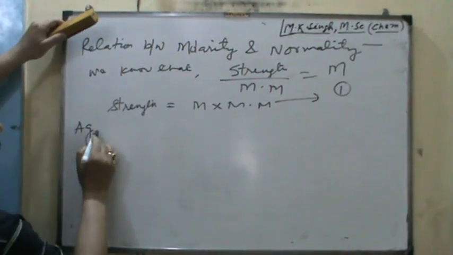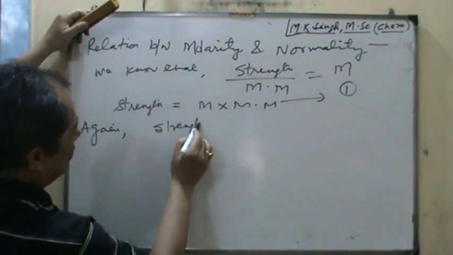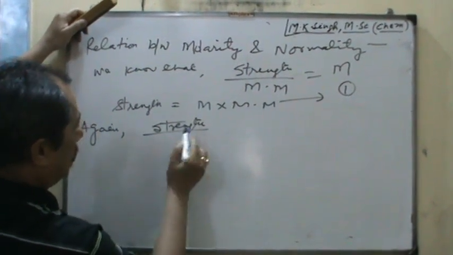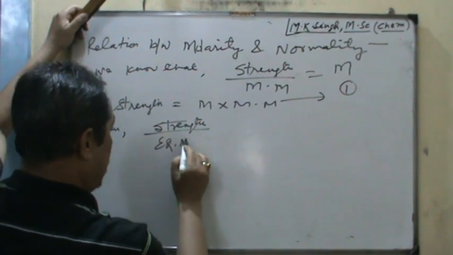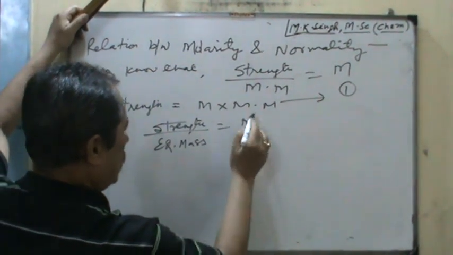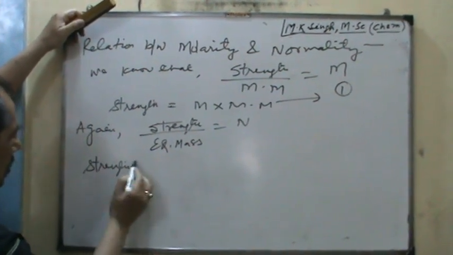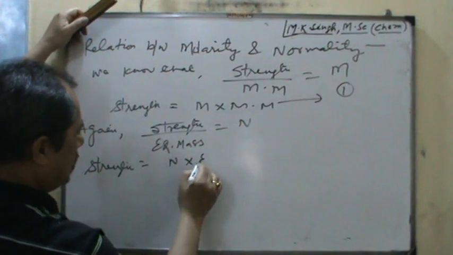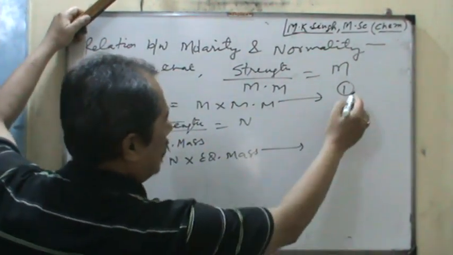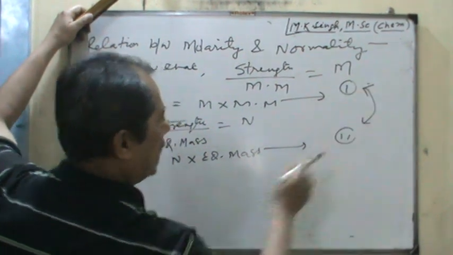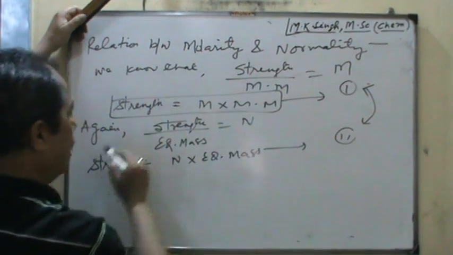Again, we know that strength upon equivalent mass is equal to, what is that? Normality. So strength equals normality into equivalent mass. From equation 1st and 2nd, this is the equation 1.